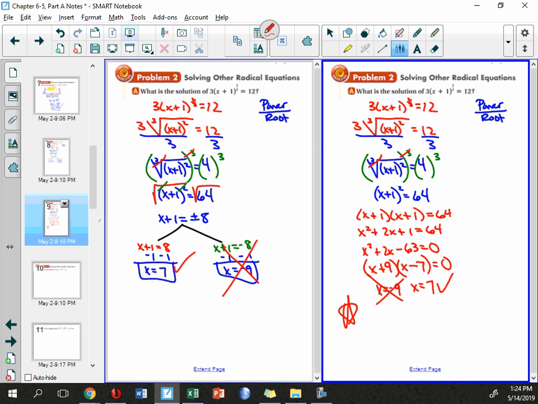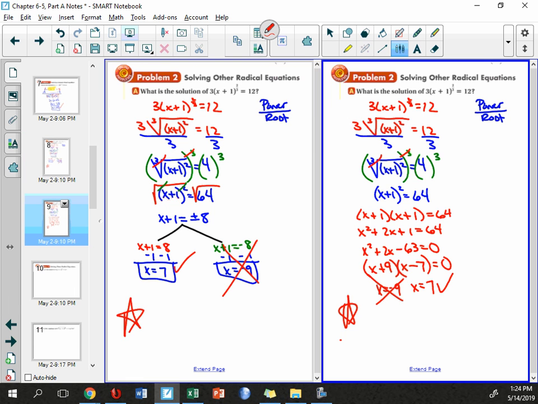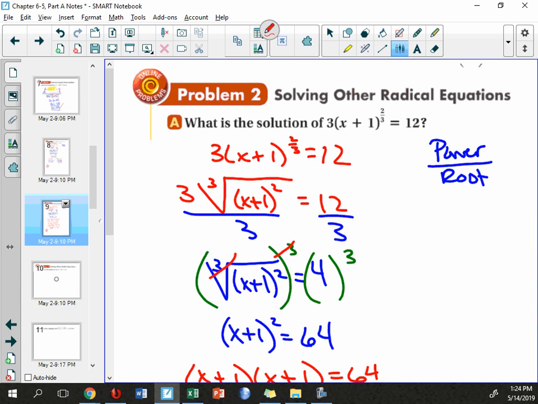They both will get you the same answer. It's a matter of what way is your brain going to latch onto. Do we all understand that? Okay? You only have the plus or minus when you are doing an even root. They both work without a doubt. Okay? Now, let's go to the next example.